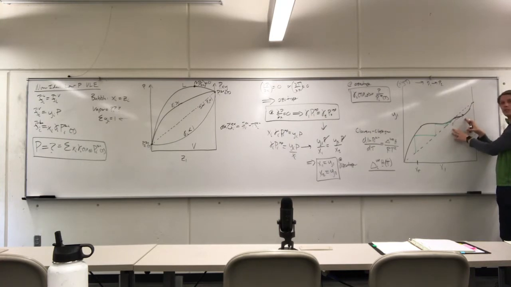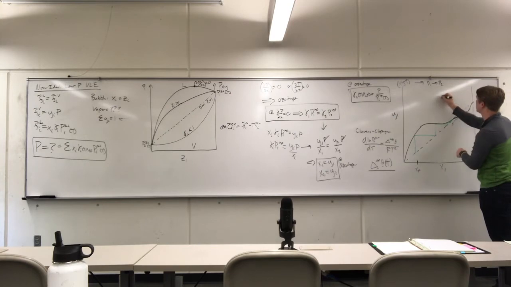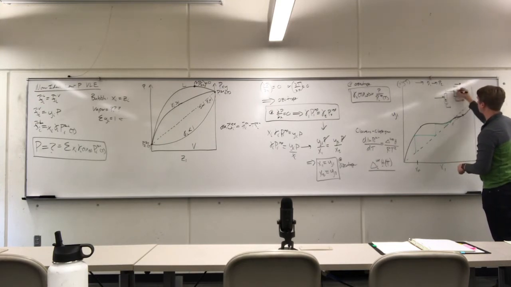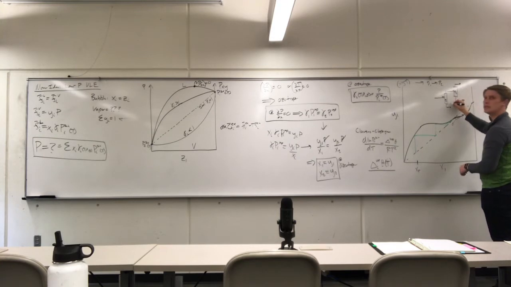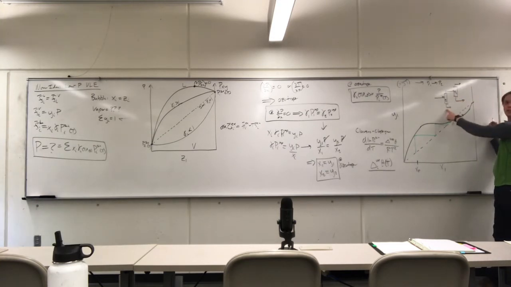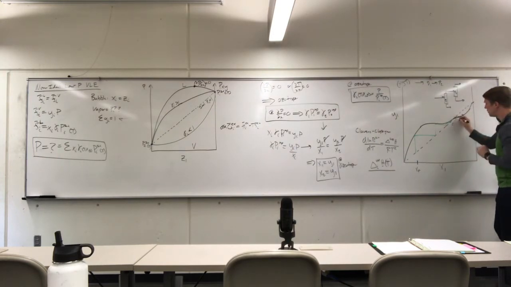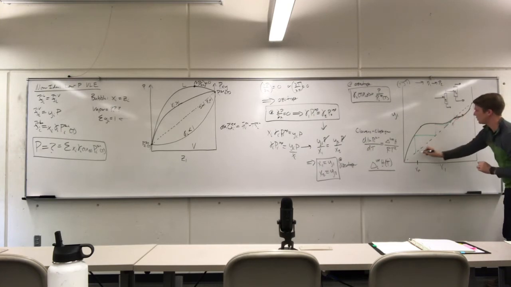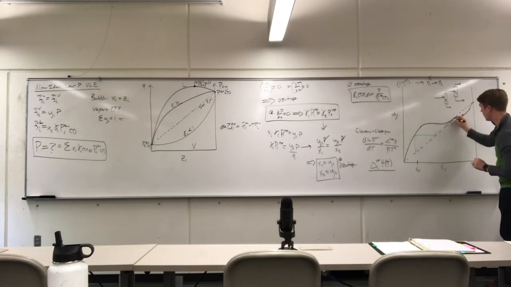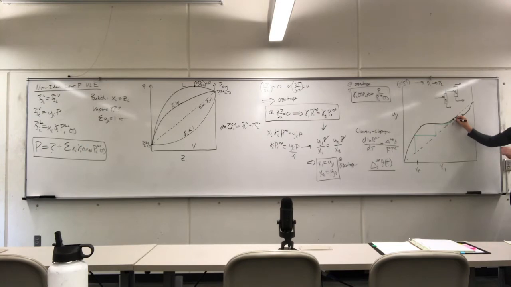So what I can do is if I have two distillation columns, this one operating at P1, this one operating at P2, this is going to have a particular azeotropic composition, this is going to have a particular azeotropic composition. What will happen under that situation is that I might be able to distill in column 1 all the way up to here. Not quite the azeotrope, but getting close to it, because it'll take an infinite number of stages to get there.